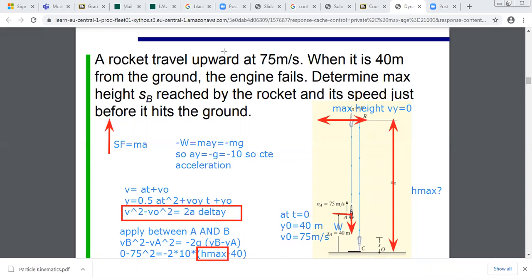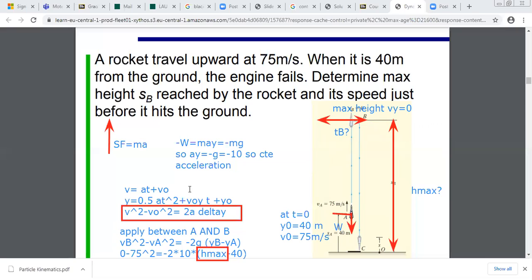You can say, I will find the time t. So another method: what is the time t when I reach B? How to find the time t when I reach B? Who will tell me how you can find this time? Doctor, can't we use V equals V0 plus AT? Yes, of course.